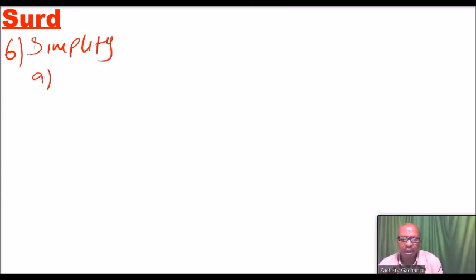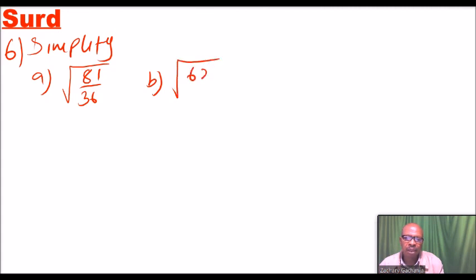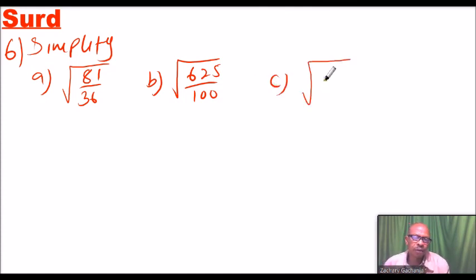So we have our A, root 81 divided by 36. Then we have B, root 625 divided by 100. Then we have our C, this is 243 divided by 26.